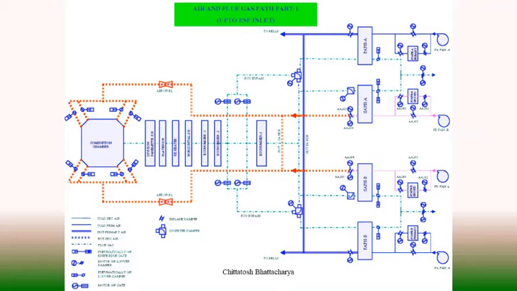These fans are there. Beside that, for flame scanning, we have flame scanners within the vicinity of the boiler furnace. These flame scanners are scanning the flames within the furnace continuously, and remotely the presence of flame is observed from the control room.